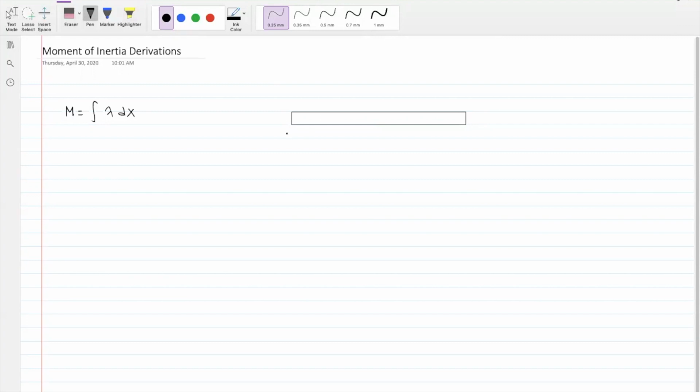We have the total mass of this entire rod as m, and the length of the rod going from 0 to L. So what this dx means is that this portion, this instantaneous length, is your d of x.